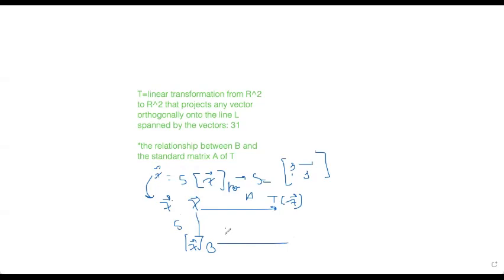Here we've got B that takes us to the coordinate vector of T of X. And again, if we apply S to this, we get back to T of X, right?